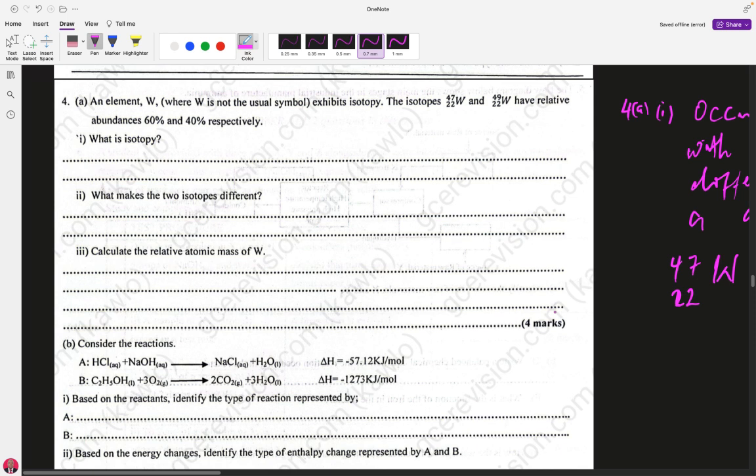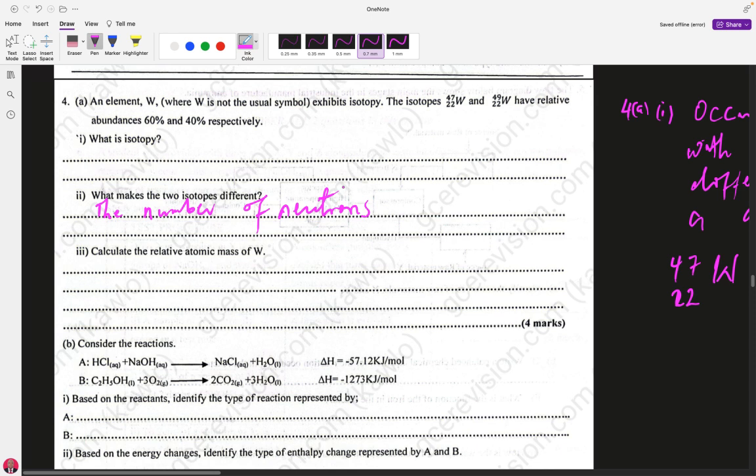What makes them different is the number of neutrons.